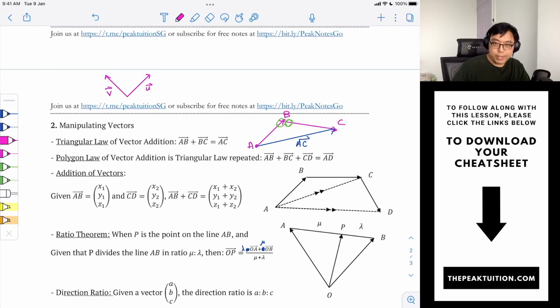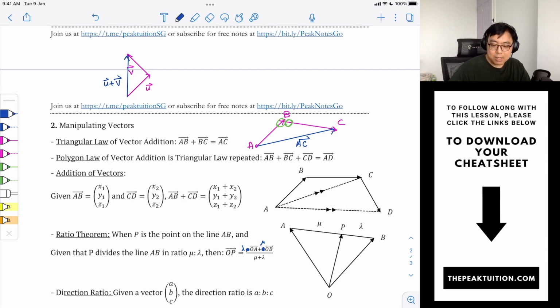We must always travel according to the vector from tail to head. So in this case, we must shift this V to maybe here, and then we join from the tail of the first vector to the head of the second vector. And this is the vector addition U plus V. So always remember, when we add vectors, we join tail to head.